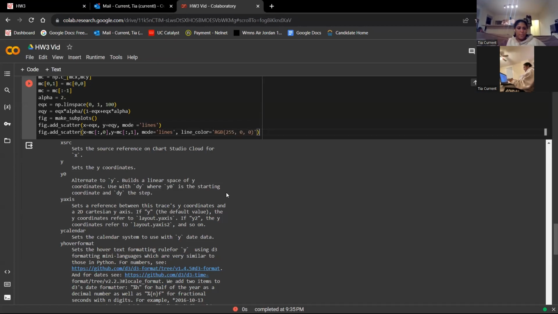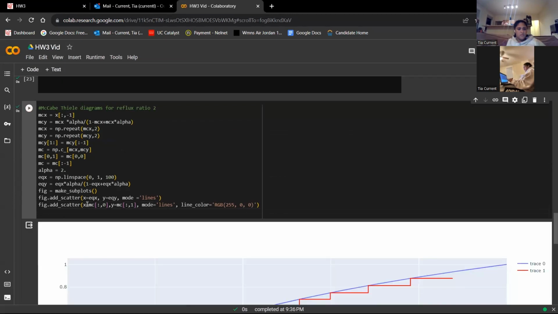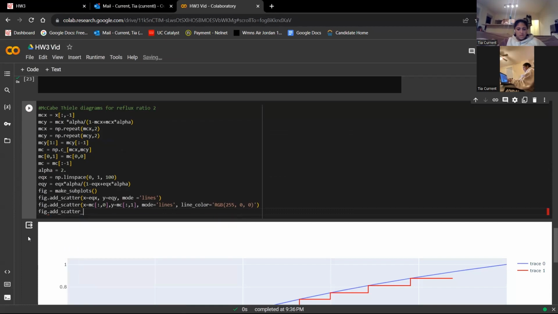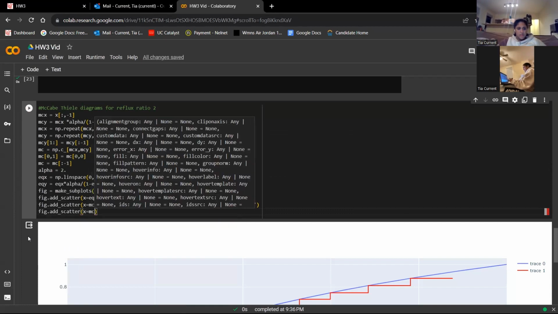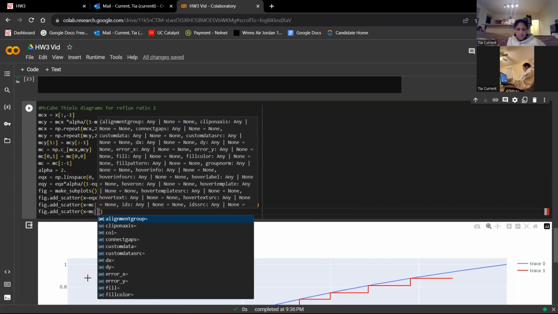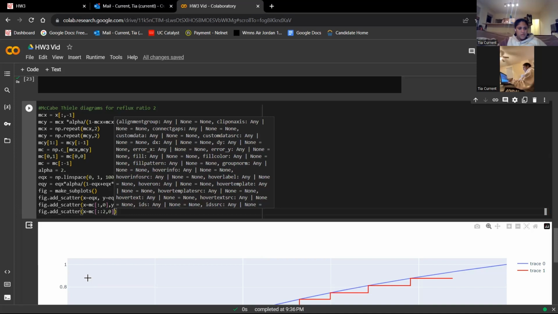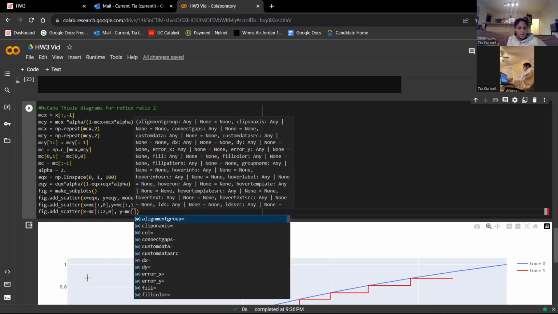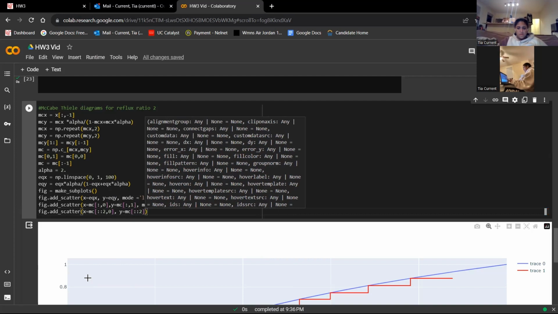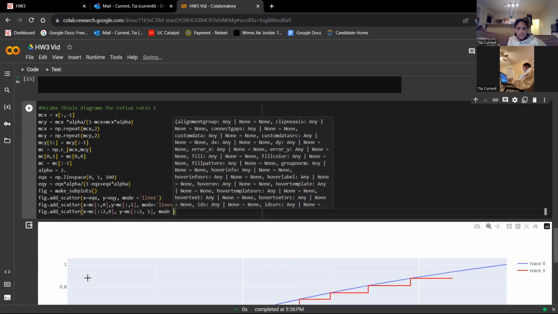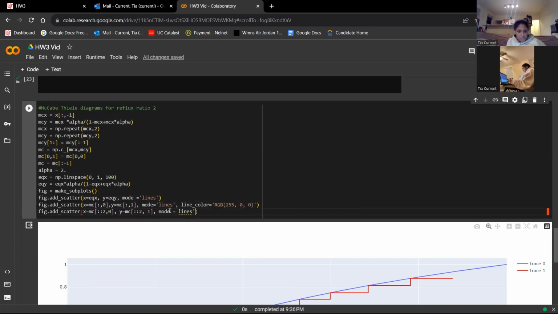Okay, after this, X equals MC, open bracket, 2, 0, equals MC, 2, 1. Mode equal to lines. Oops. Comma, line underscore color equal to.